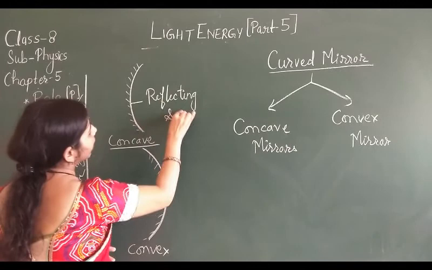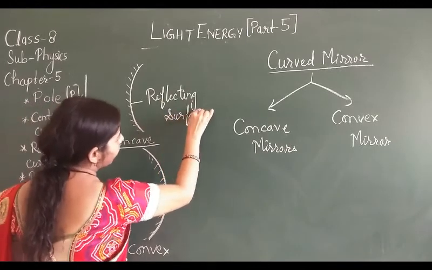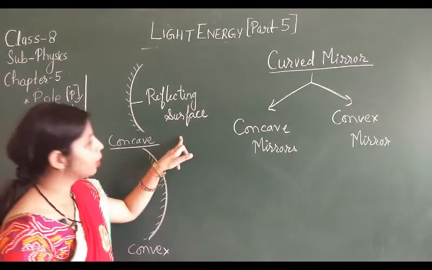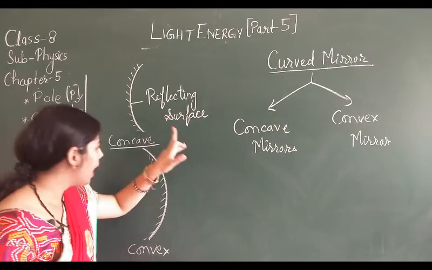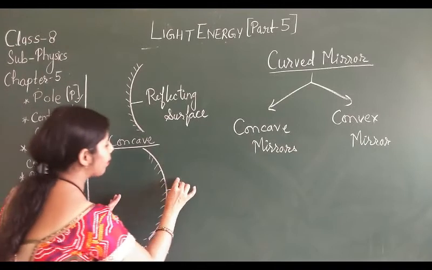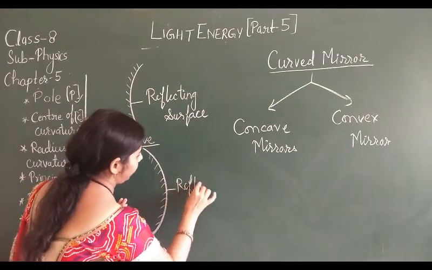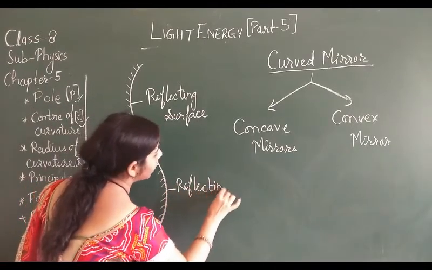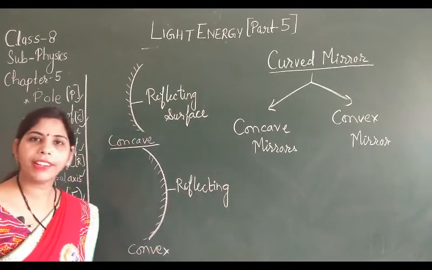A curved mirror having a cave side as the reflecting surface is known as a concave mirror, and if the bulging side is reflecting, that is known as a convex mirror.